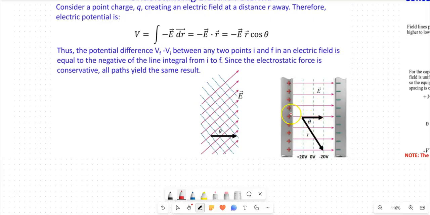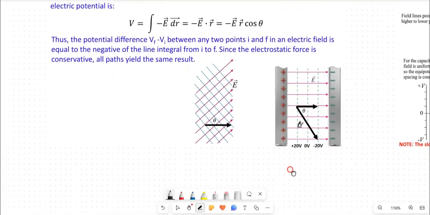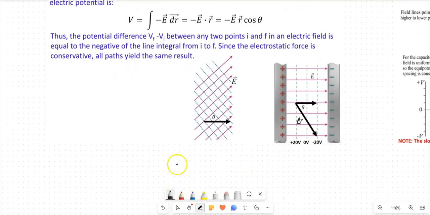To illustrate this, here we have a capacitor, and the path that we're taking is this delta R. We're going to find a change in voltage. Our change in voltage starts at positive 20 volts and ends at negative 20 volts.